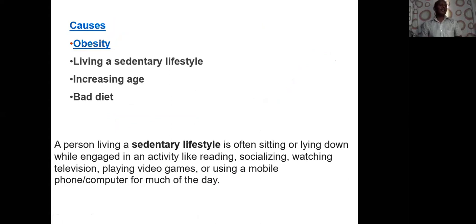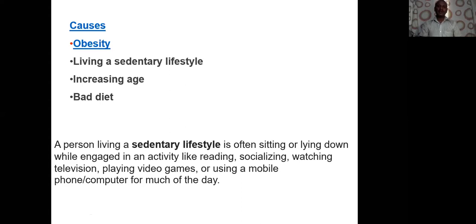In one person it may be obesity, in another it may be other reasons. Almost all of these, cardiovascular diseases and diabetes mellitus, we call lifestyle diseases. So it depends upon the lifestyle also.